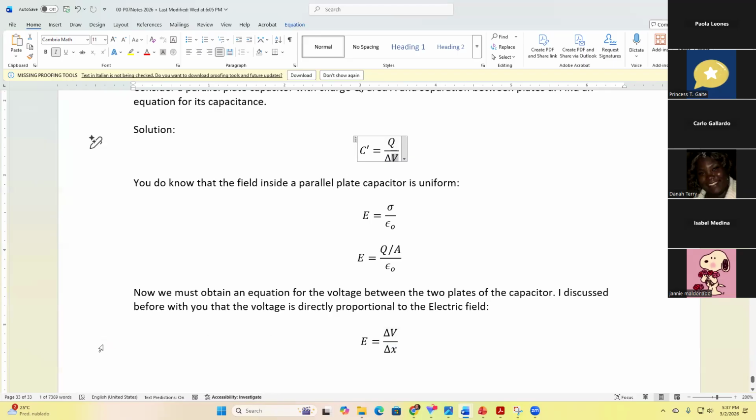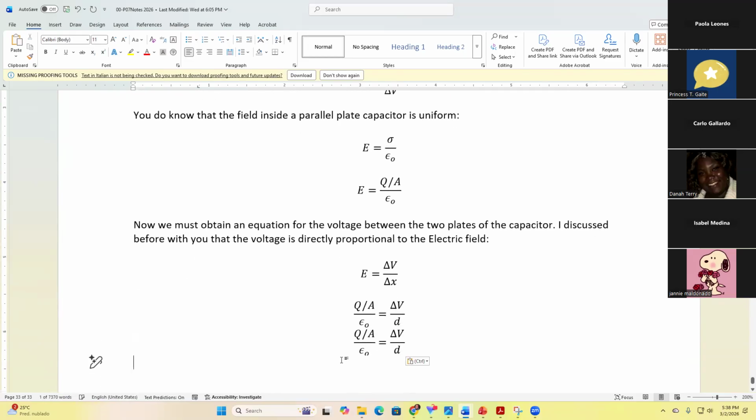Let's substitute this one here for the E. The separation between the two plates is going to be the distance D, that is given. Now I'm going to simplify this equation.